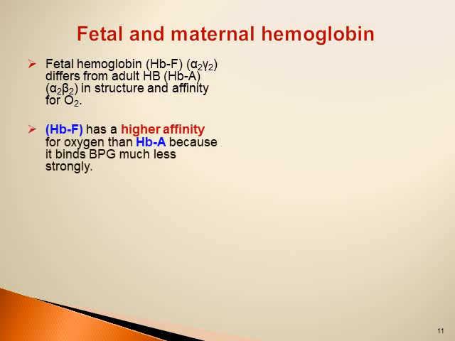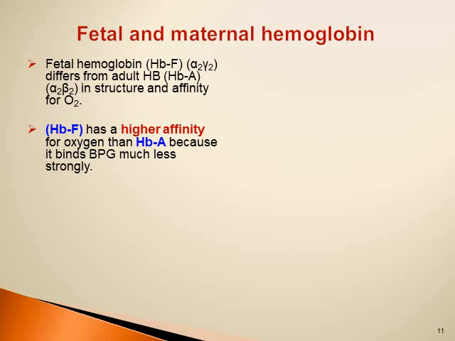Hemoglobin F has higher affinity for oxygen than hemoglobin A, which is the maternal hemoglobin, because hemoglobin F binds with the bisphosphoglycerate to a much lesser extent.